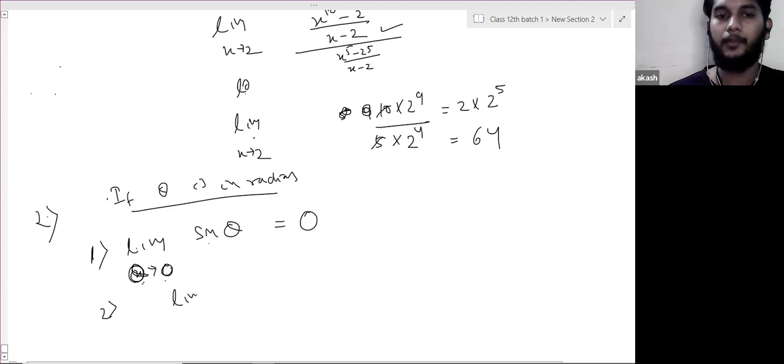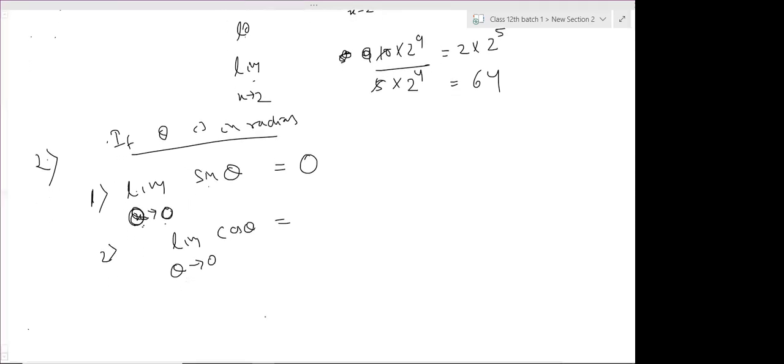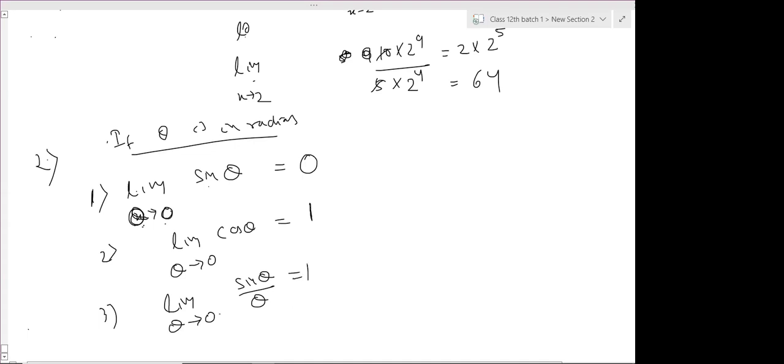Second one, if theta is tending to 0, then cos theta will be 1. Absolutely right. Limit theta tending to 0 sine theta by theta. Does anyone know what this value is? 1.